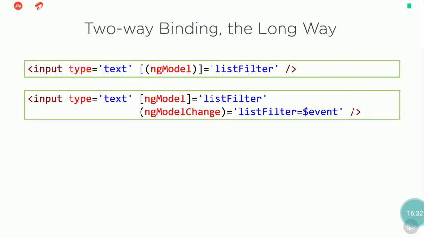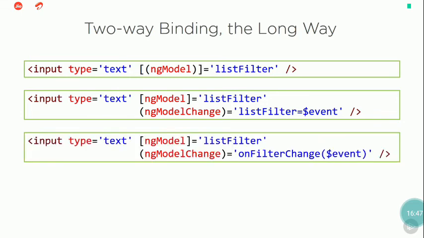But this doesn't help us much. Our component property is changed, but our component is not notified of that change. So we still don't have a way to perform an operation in our component each time the value changes. Now that we have explicit event binding, however, we can change the event handler to call a method in our component and pass in the changed value with $event.